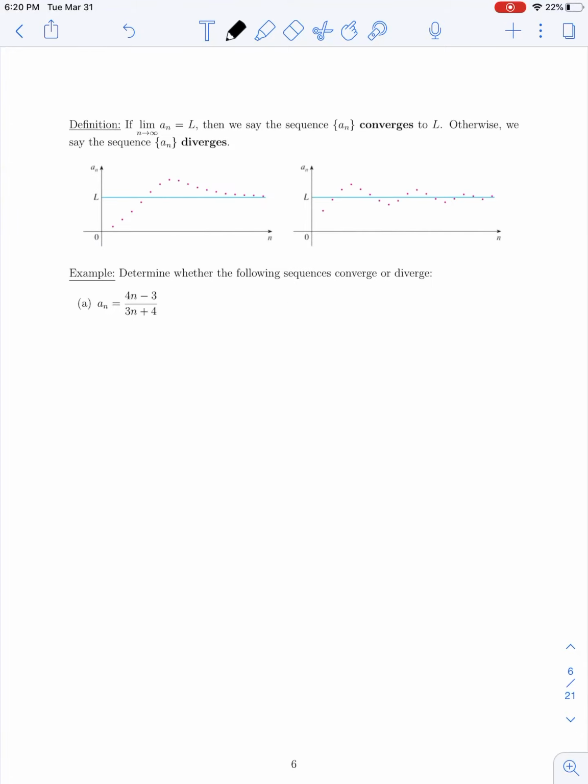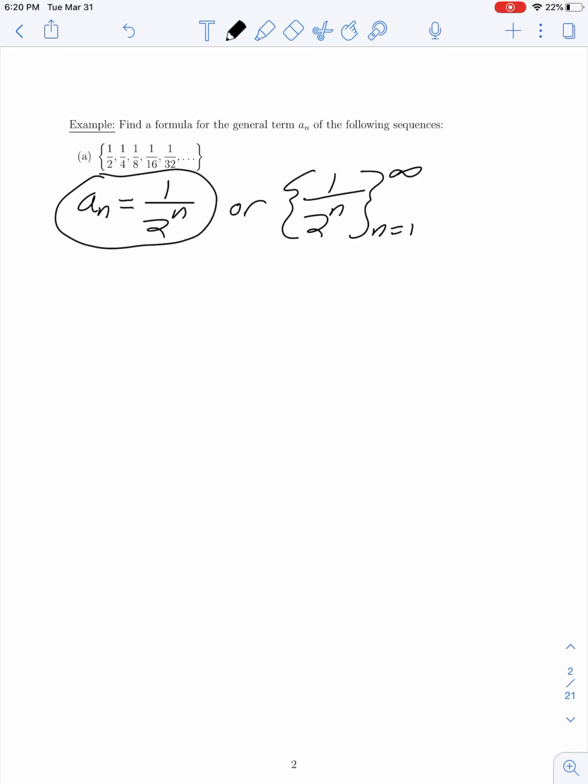So let's look at the problem of interest that we'll be considering throughout most of Chapter 5. Now, in this first example, we could ask ourselves, okay, if we were to keep listing terms of this sequence, what's happening with the subsequent terms?